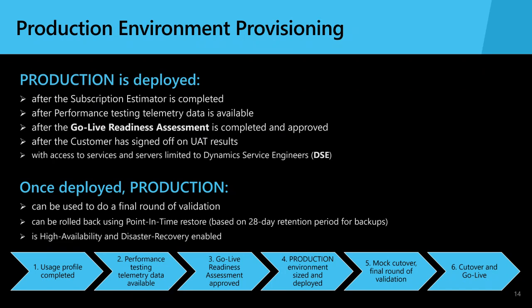Now, once your production environment is deployed, it can be used to do a final round of validation. And we strongly recommend that you take the opportunity to get the production environment deployed and perform a mock cutover and do that final round of validation. However, we will draw a line and distinguish that from performing actual testing in the production environment.